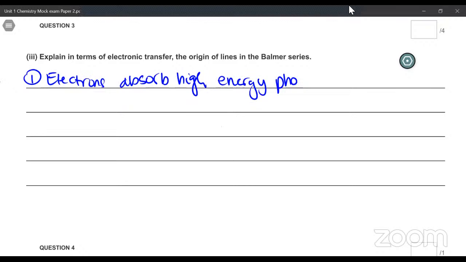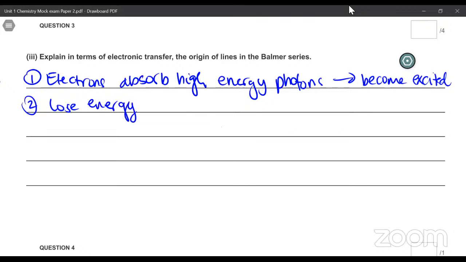And through that, they become excited. And eventually, these electrons will lose energy, and of course, we call this de-excitation. So de-excitation would occur.